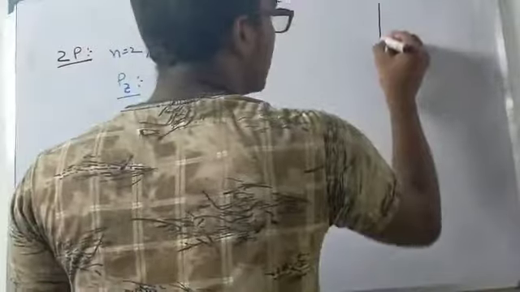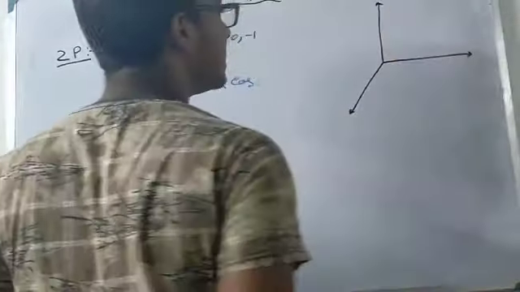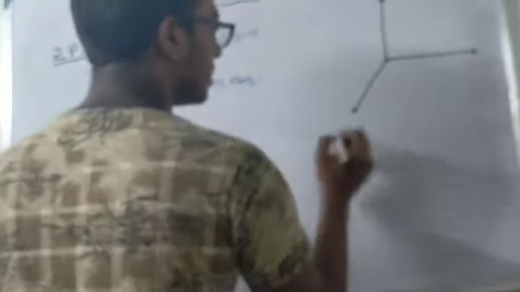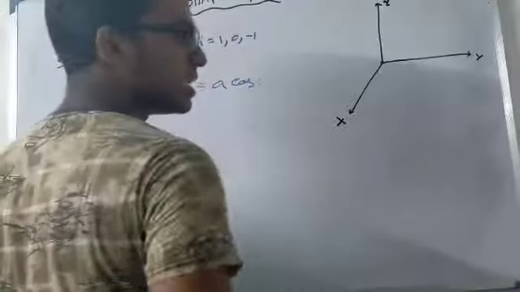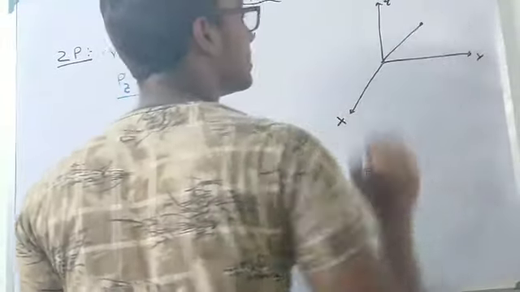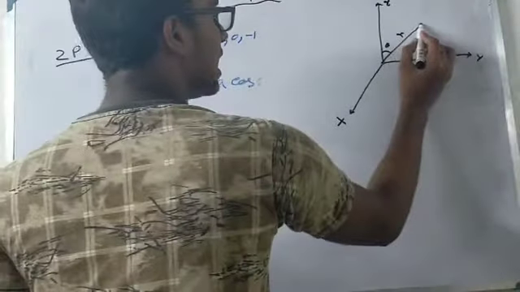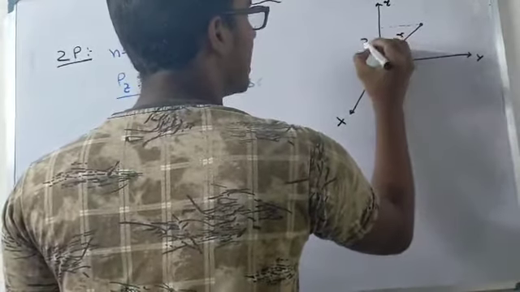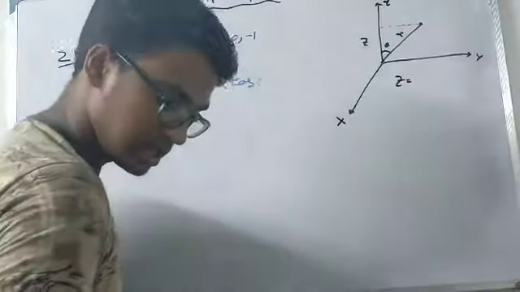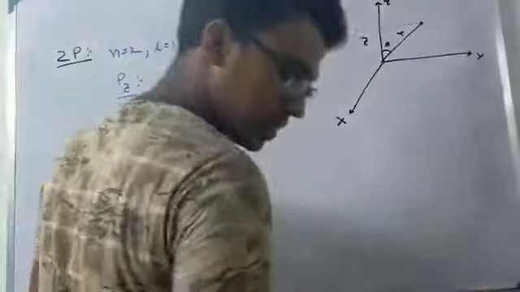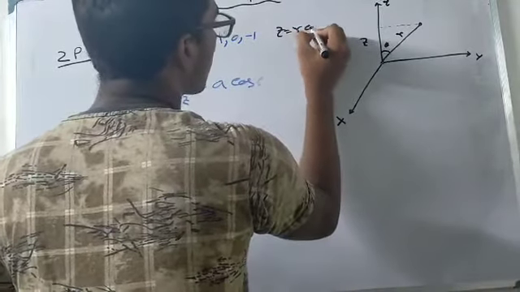In the very beginning lecture, we assumed this is the x axis, this is the y axis, this is the z axis, and the nucleus is present at the origin, and let's say the electron is present at distance r. If this angle is theta, then along the z axis, as we wrote in the previous lectures, z equals r cos theta.